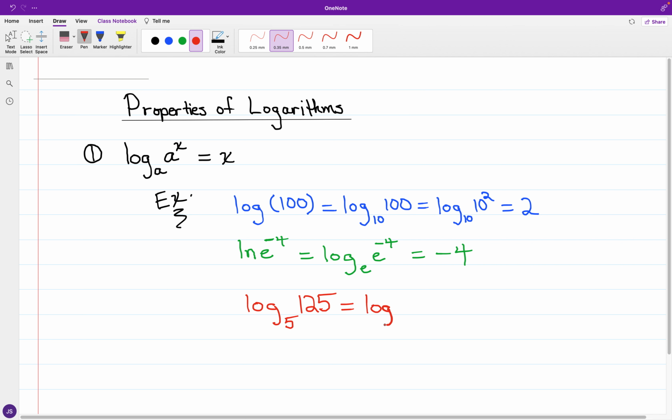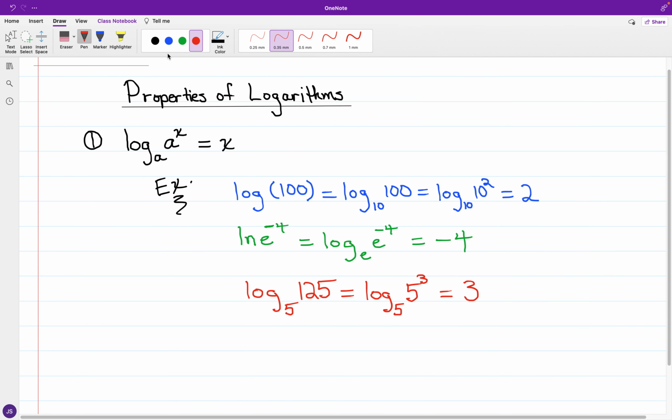In the exponential base 5, 125 would be 5 raised to the third. So a is 5, x is 3. The base 5 logarithm of 125 becomes the base 5 logarithm of 5 cubed, and that is completely reducible to 3.